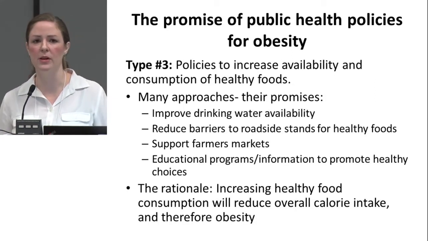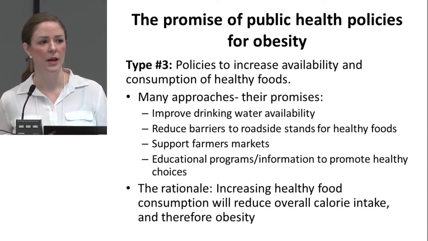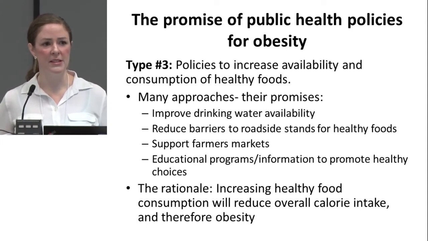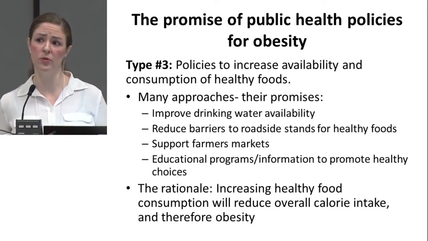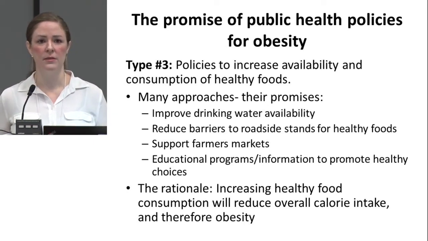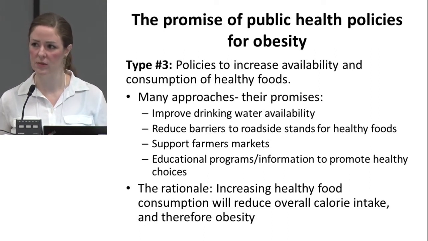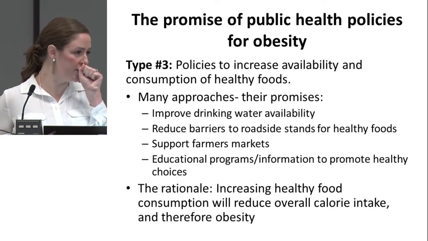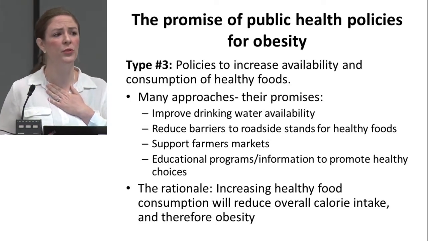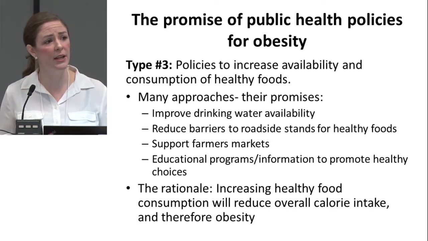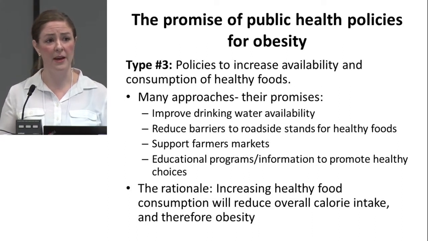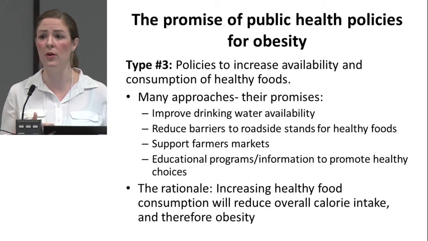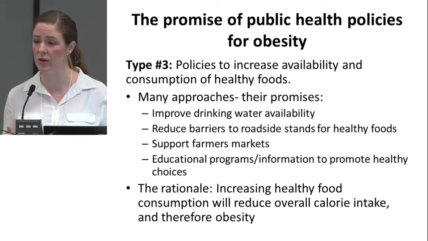Now, the third kind of policy is a little bit different in that the idea with these policies is to increase the availability of healthy foods. And that would then theoretically lead to a reduction in calorie intake. So this, for example, would include improving drinking water availability so that people can quench their thirst without having a calorie-containing beverage.